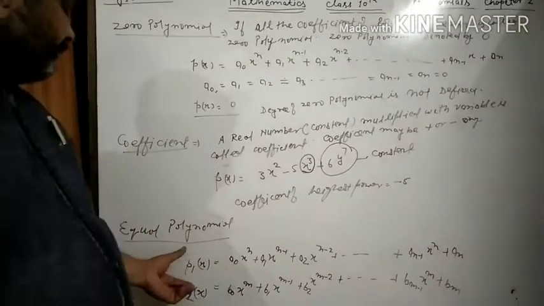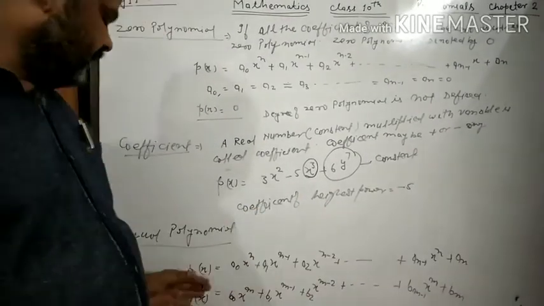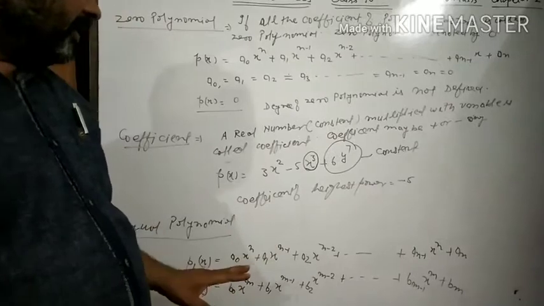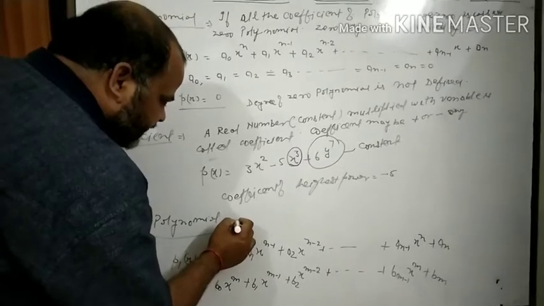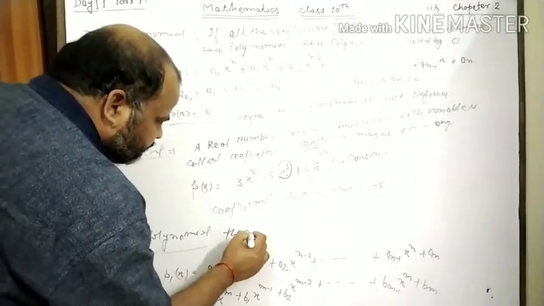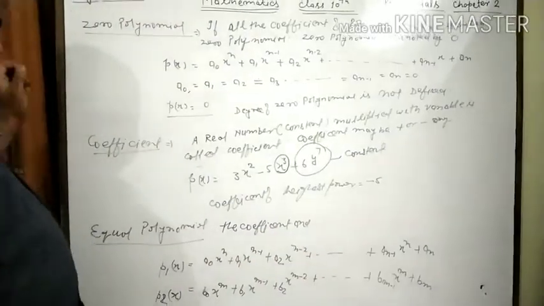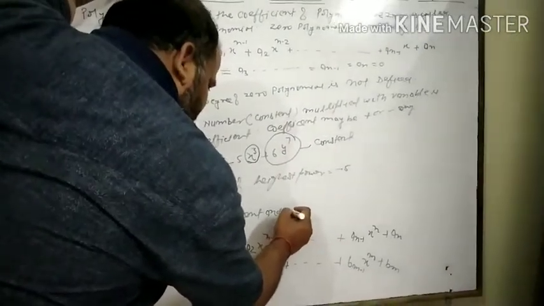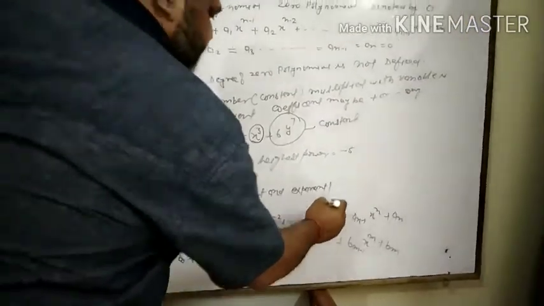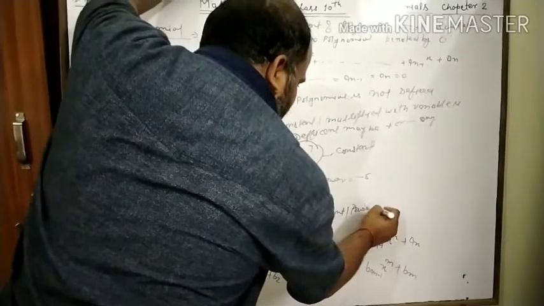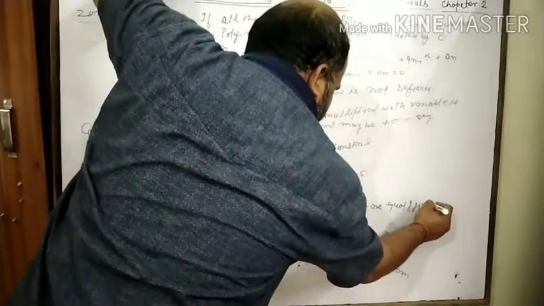Two polynomials p1(x) and p2(x) are called equal polynomials if and only if the coefficients and the exponents, or powers, of the given polynomials are equal.